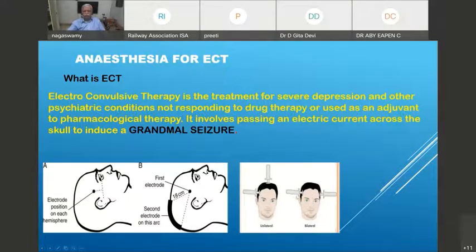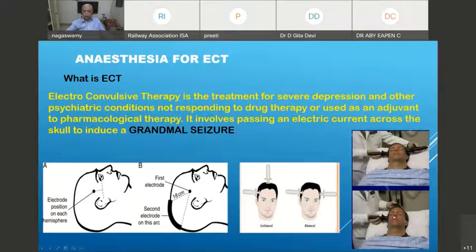Whereas for unilateral, if there is an implant like a cochlear implant or other electromagnetic devices implanted in the skull, then you cannot give the shock on that side. So you do unilateral stimulation, where the second electrode is placed in the midline, within this arc 18 centimeters from the first, and the first electrode is placed on the temple. Bilateral you place directly on these positions. So this is how the placement looks: this is bilateral, this is unilateral.